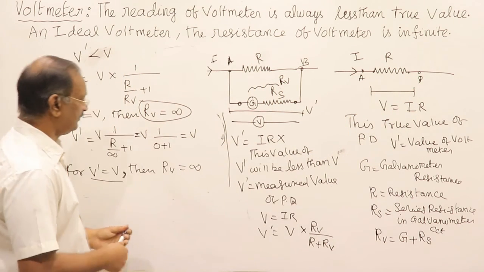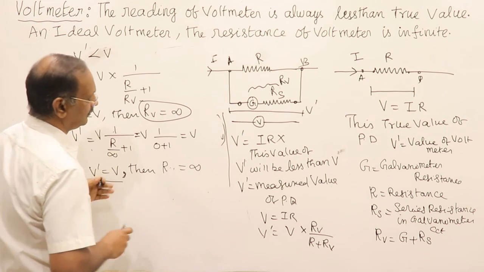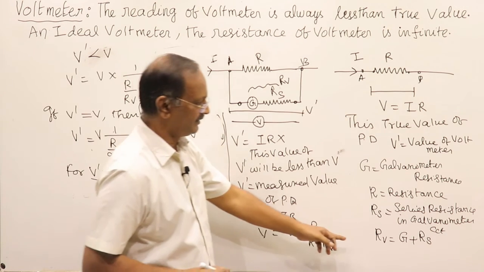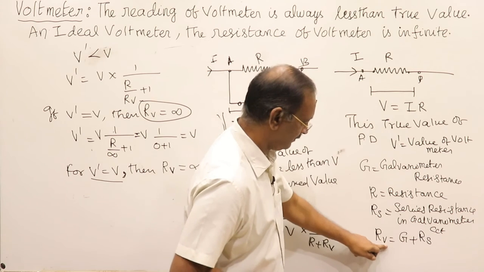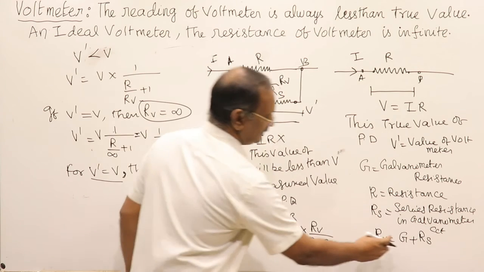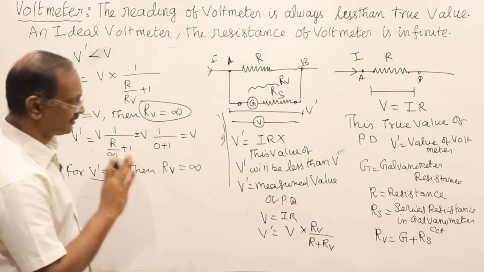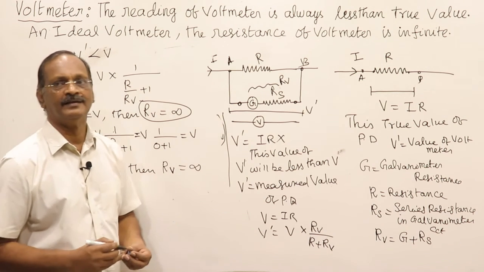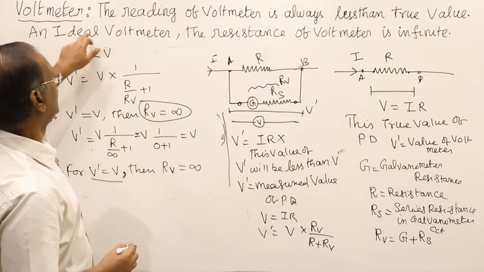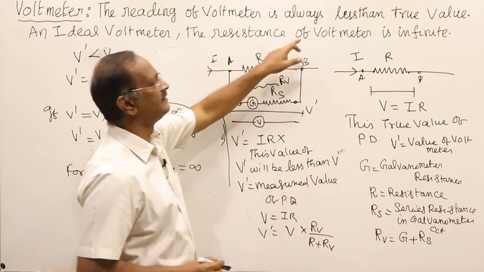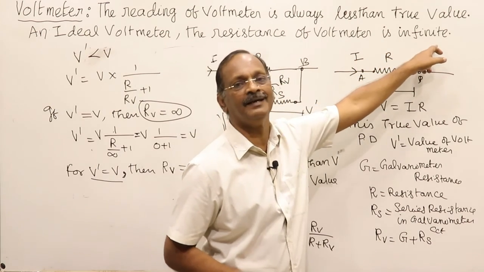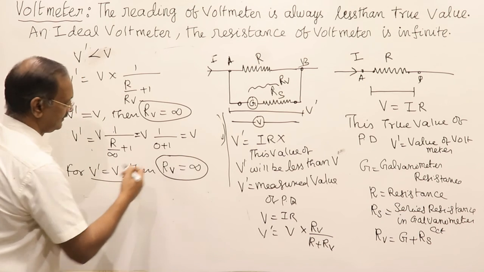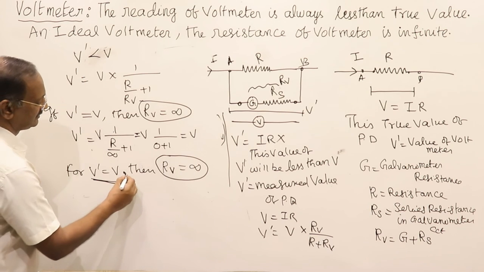So it means the voltmeter resistance RV, that is G plus RS, should be infinity. It means we can conclude, for an ideal voltmeter, the resistance of the voltmeter should be infinite. If the resistance of the voltmeter is infinite, in that case only this is equal to this one.